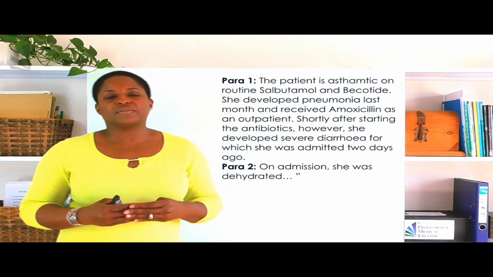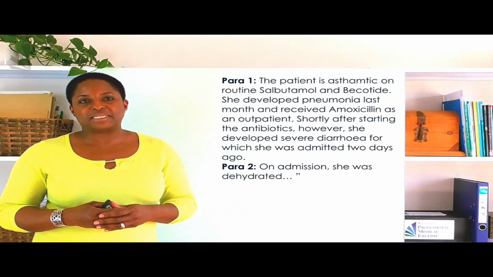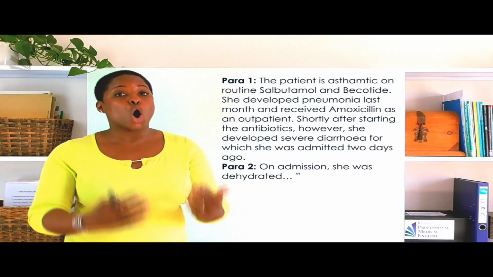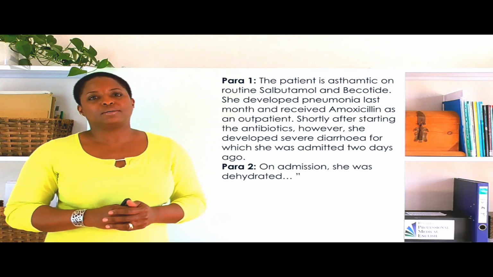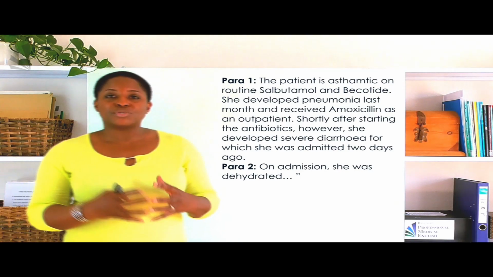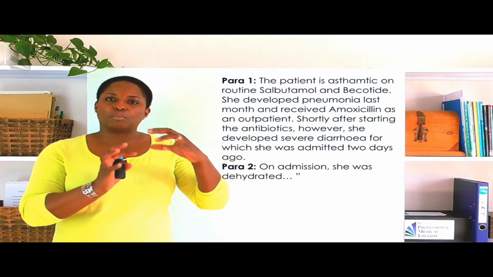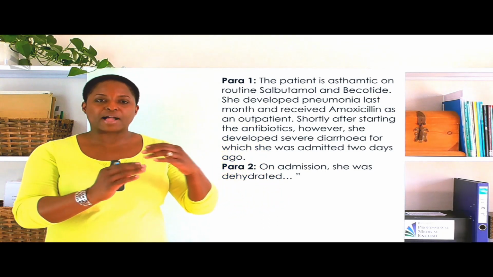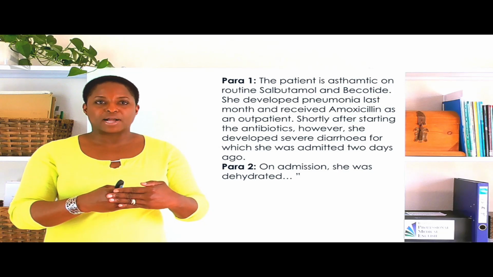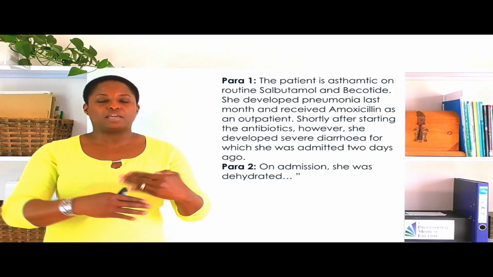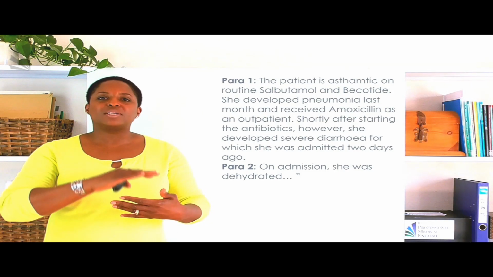And it is for the diarrhea she has now been admitted. Paragraph 2, on admission, she was dehydrated. So you see here again, linked ideas brought together in one paragraph, and the next paragraph cohesively flows on with another set of linked ideas.